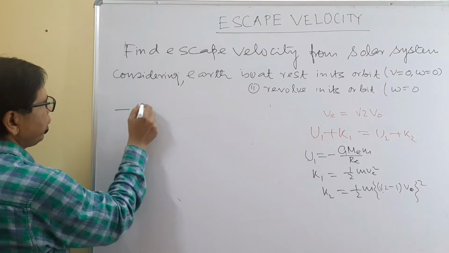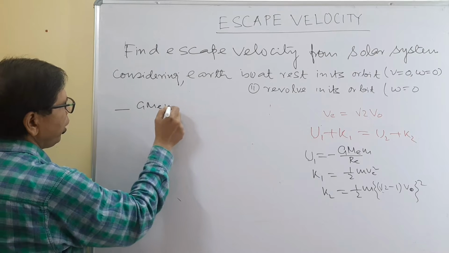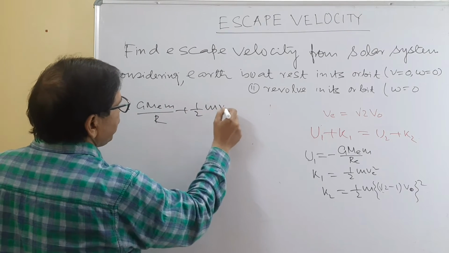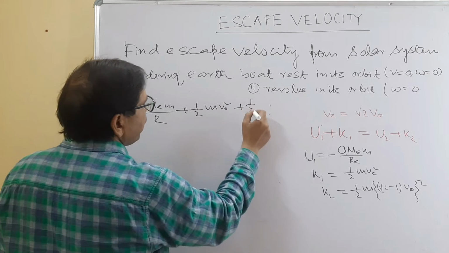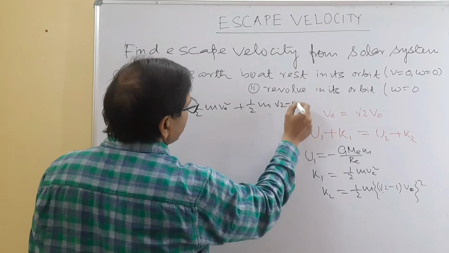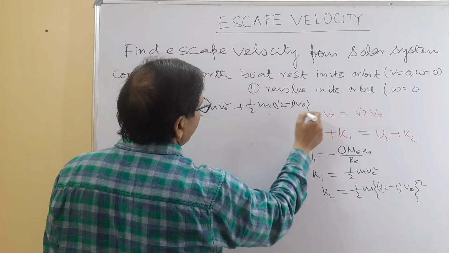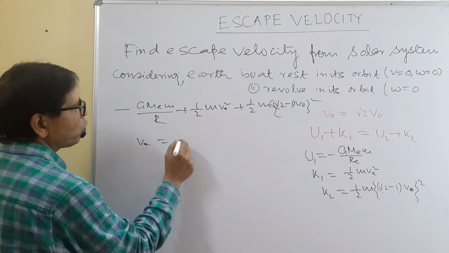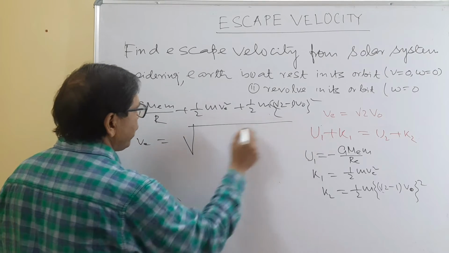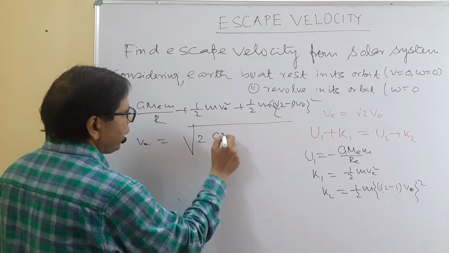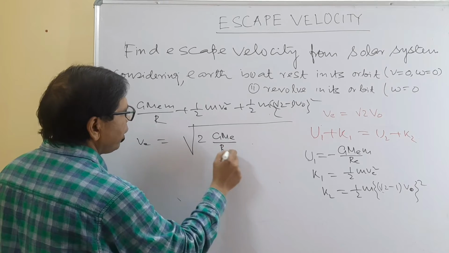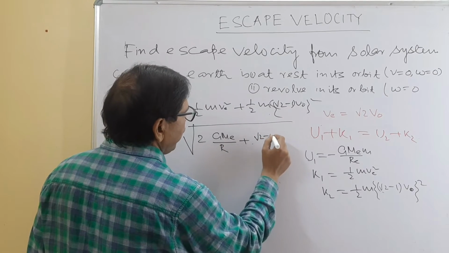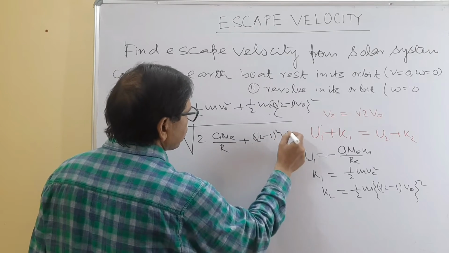From this relation, G Me m by R plus half m v square plus half m (root 2 minus 1) v0 whole square. So v square equals root under 2GMe by R, and this equals (root 2 minus 1) whole square v0 square.